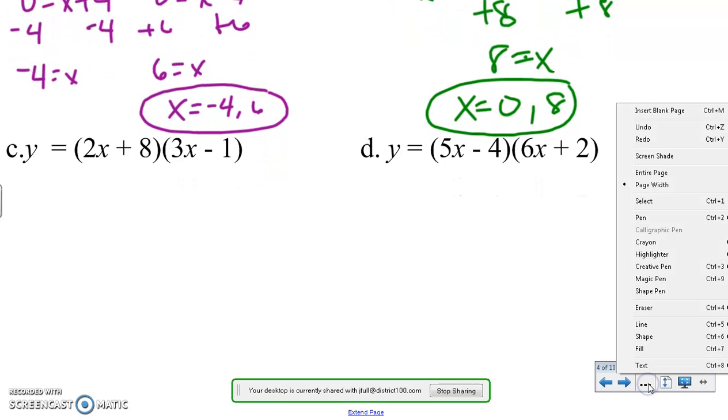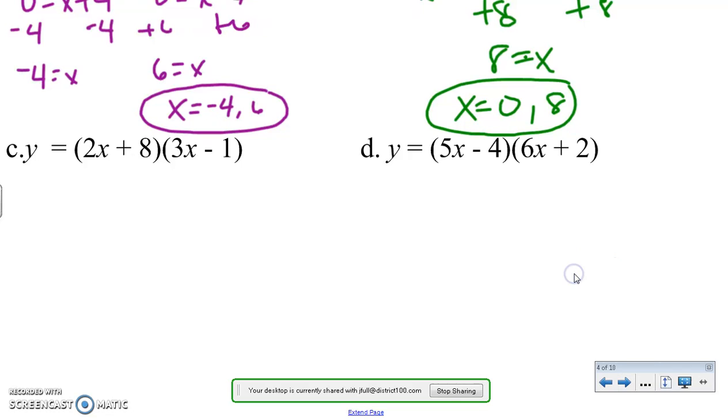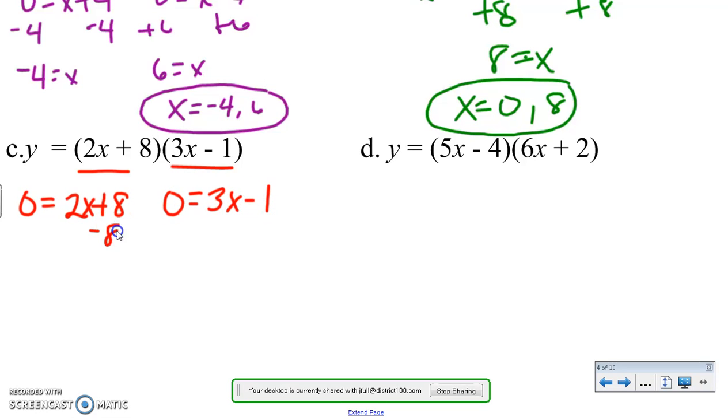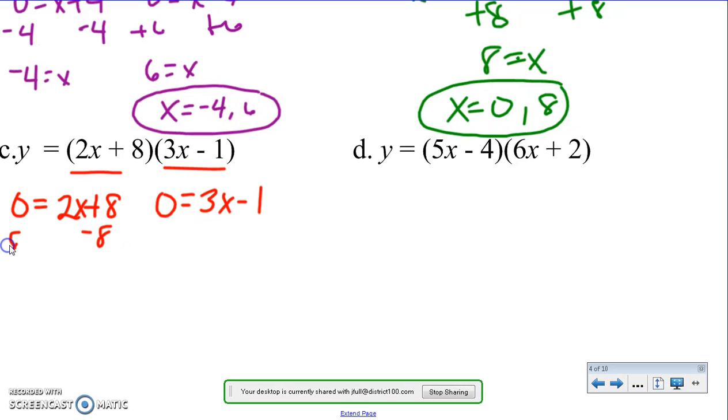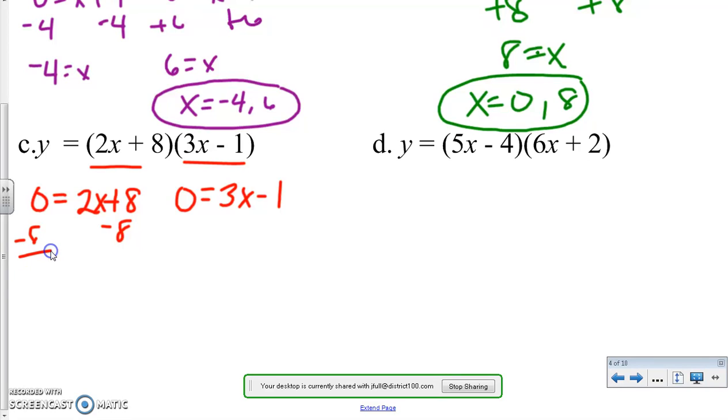Next two, same idea. Take each of the factors, set them equal to 0. The only thing is there's going to be some extra steps here. So we're going to do 0 equals 2x plus 8, and 0 equals 3x minus 1. If we subtract 8 from both sides, we're going to get negative 8 equals 2x.